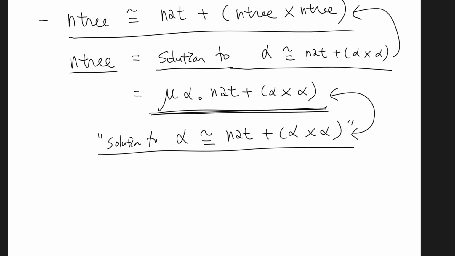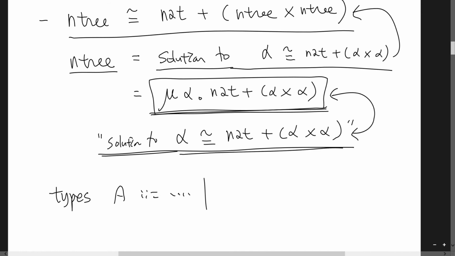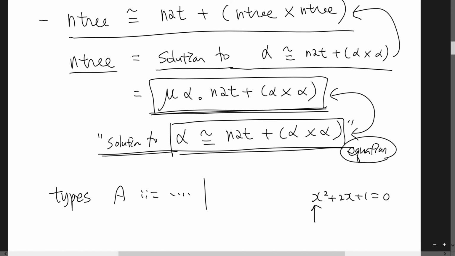Now we have to extend the syntax for types, so it includes all the types that we have developed so far. First, we introduce a new notion called type variable. Remember that this one stands for the solution to this equation. In every equation, you have at least one variable. For instance, this is an equation, and you have a variable x here.